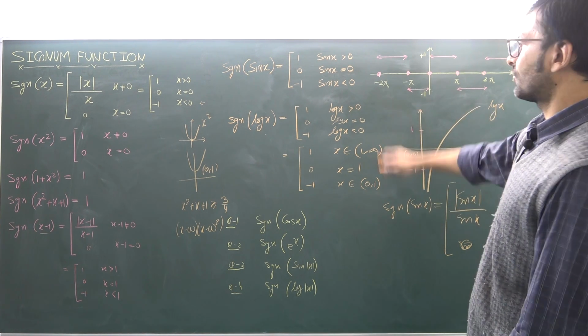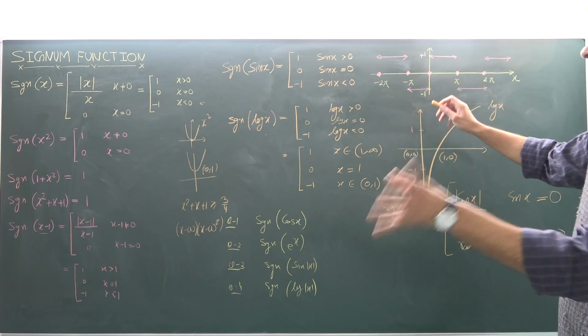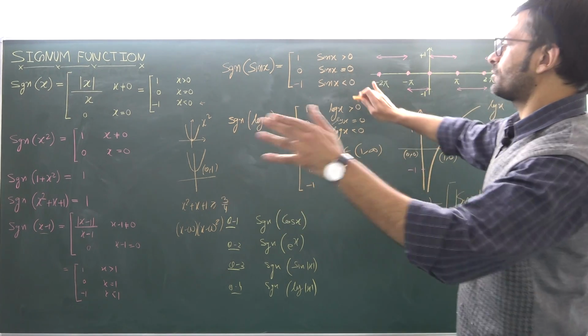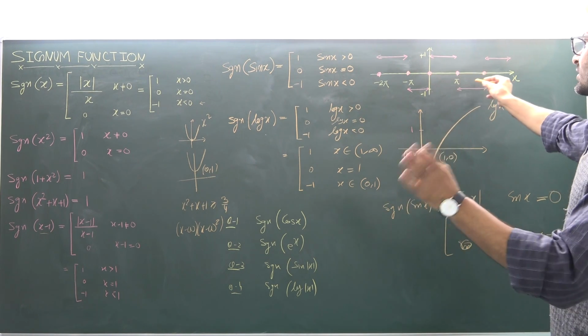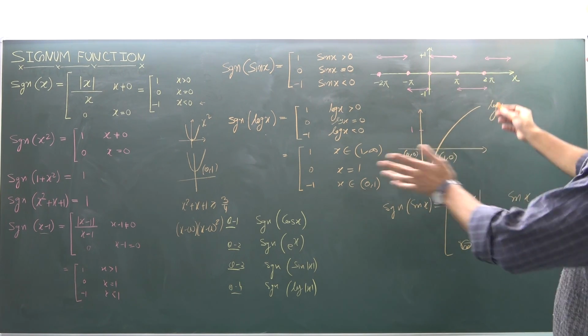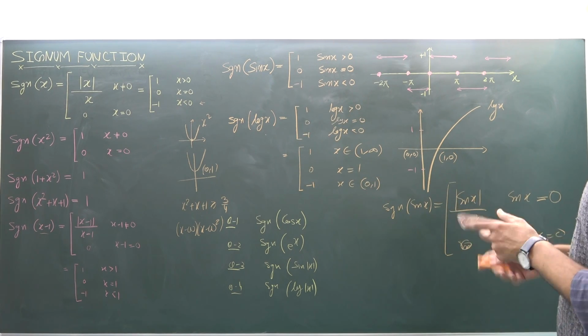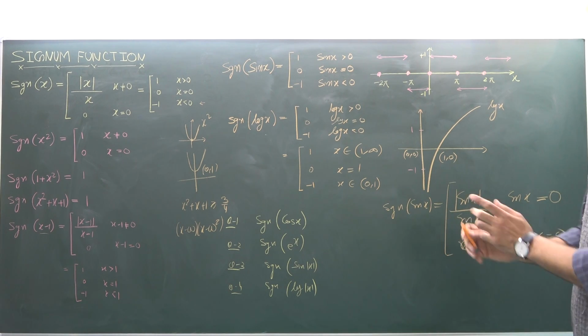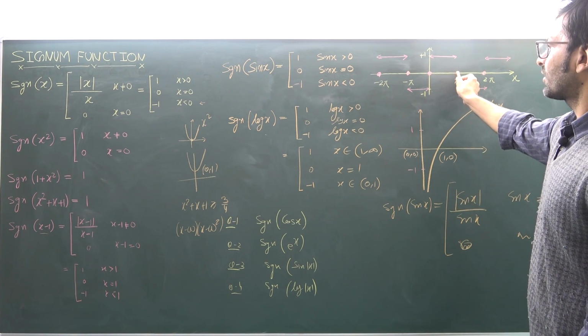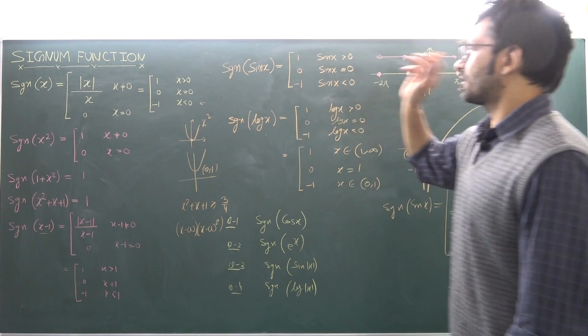So this is the kind of graph. We'll have exact zeros whenever sin x is 0, which means n pi. So at x equals 0, the value is 0, at pi it is 0, 2 pi is 0, 3 pi, 4 pi, minus pi, and so on. Whenever sin x is positive, between 0 and pi, Signum of sin x will return plus 1.